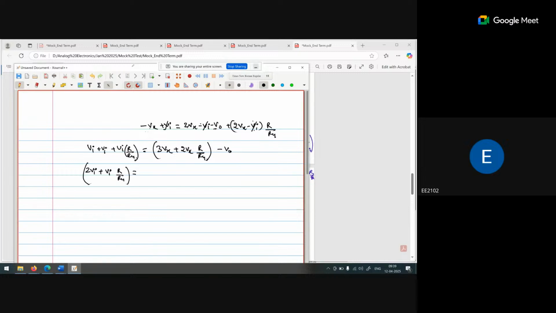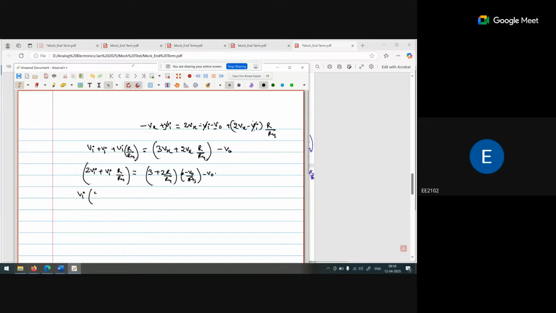is equal to 3 plus 2R by R4 times minus V naught by As, minus V naught. So I take V naught common from here and Vi from here.